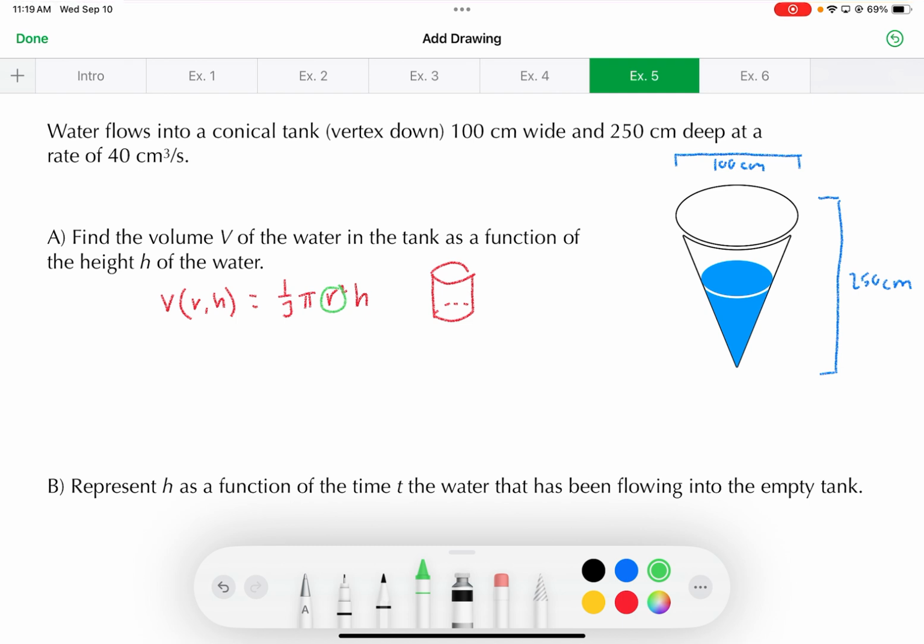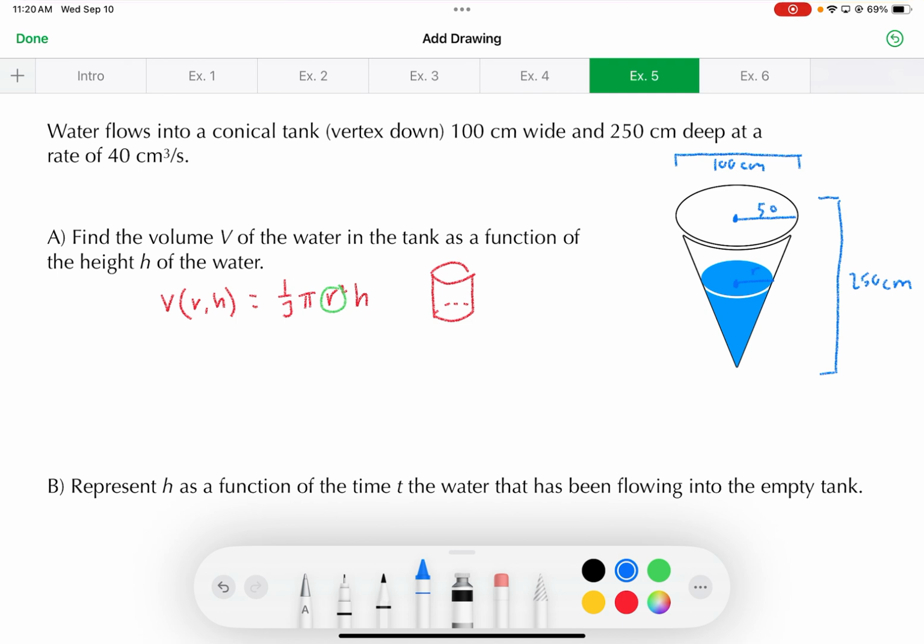All right, so it says here, if we're 100 centimeters wide, what is the radius of the tank then? This is 50. And then we don't know exactly how much water is in there yet.